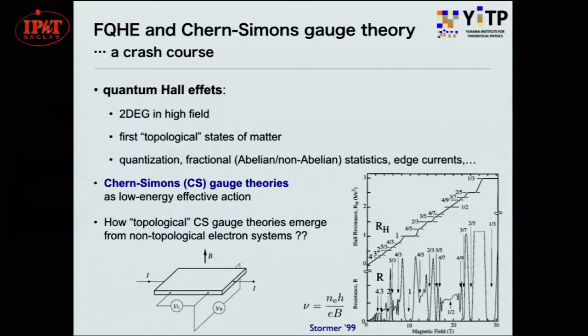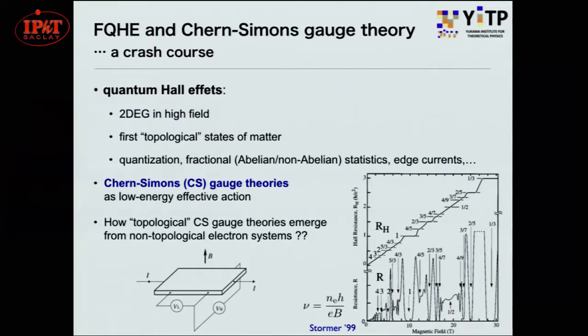So what is the quantum Hall effect? It's an exotic phenomenon happening in a two-dimensional electron gas in a high magnetic field. As far as I know, this is the first example of a non-trivial topological state of matter. It's characterized by the Hall voltage shown here.